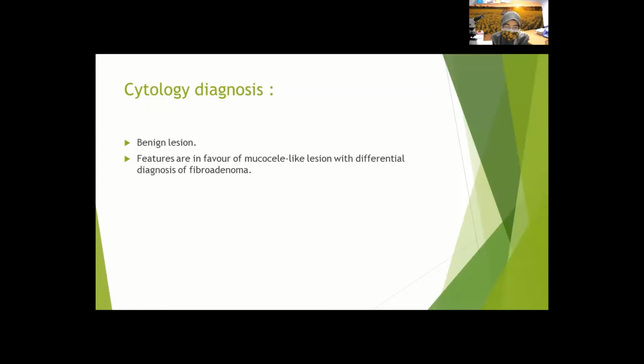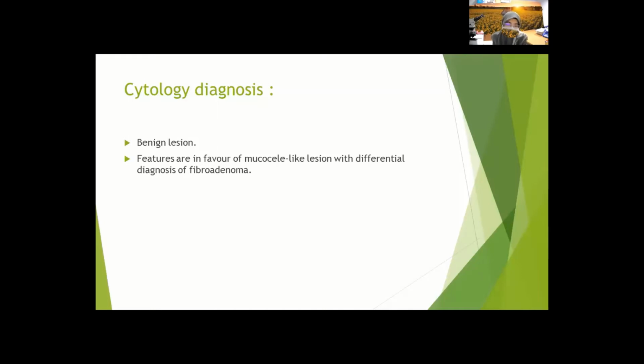So what are the possible differential diagnoses for this lesion? Overall, if we follow the cellularity, the architectural pattern and the background, the pattern is more of benign. But with the presence of background material, the other differential diagnosis, a mucocele-like lesion, is still possible, even though it is rare.